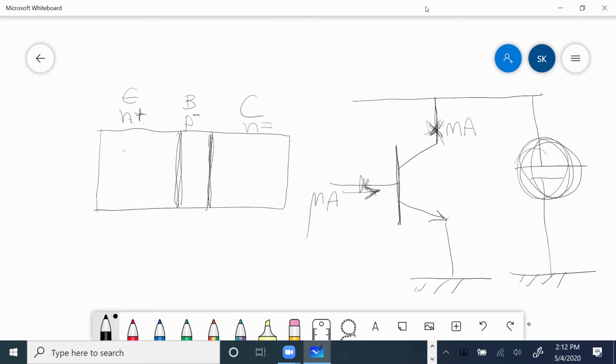And then if we bias it this way, a huge current will go through because of a very small current at the base.